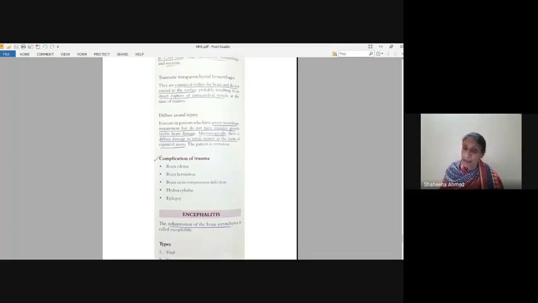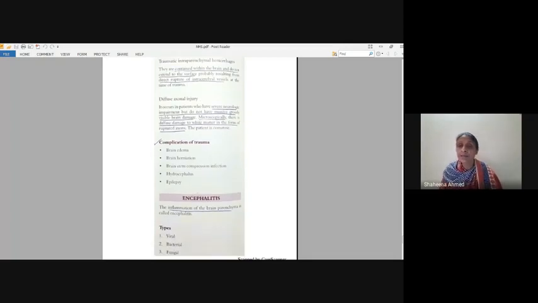Next comes traumatic intraparenchymal hemorrhages. These hemorrhages are contained within the brain. They do not extend or come out of the surface. And usually they are due to the direct rupture of the intracerebral vessels at the time of the trauma.